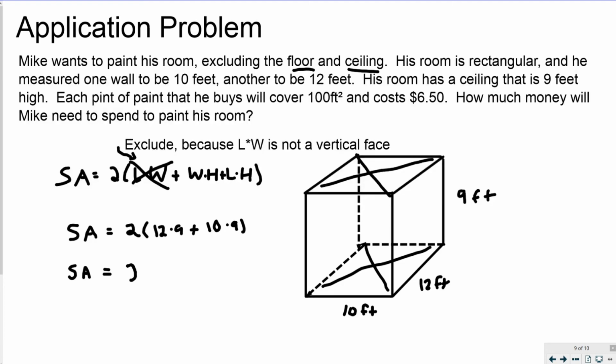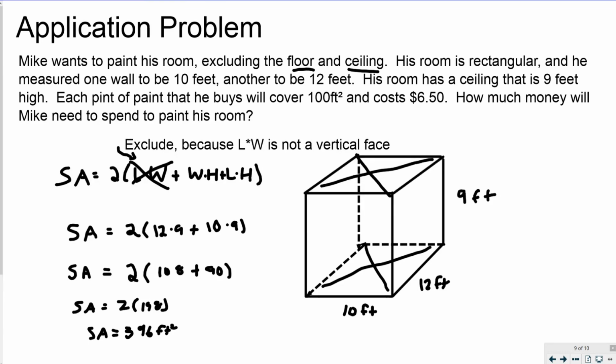So 2 times, and 12 times 9 is 108, plus 90. The surface area would be double 198. So the surface area that Mike needs to cover is 396 feet squared.